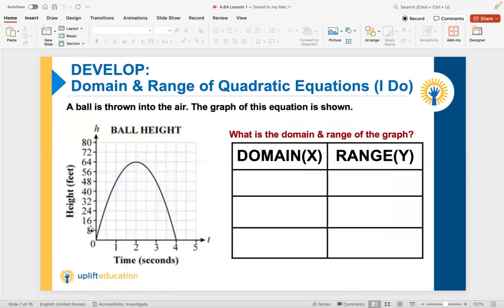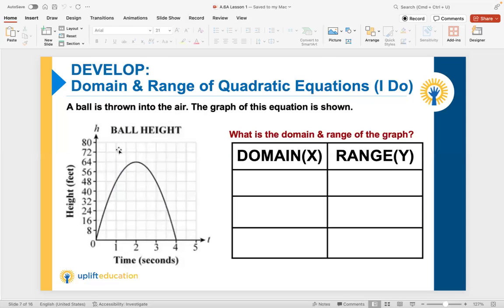Okay, so if a ball is thrown into the air, so this is us on the ground. If we threw a ball up into the air, eventually it'd have to come back down and hit the ground. In this example, it went as high as 64 feet and it went for as long as 4 seconds. So if we were to describe the domain and range, the first thing we're going to do is plot two different points.